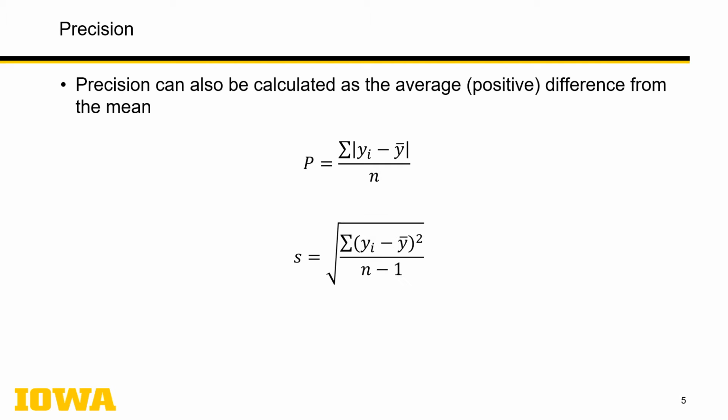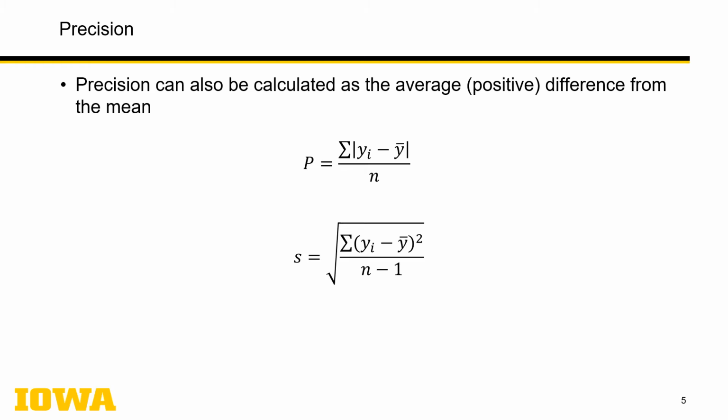So this is actually not too far removed from the definition of standard deviation itself, which gets around the problem that summing up y_i minus y bar will ultimately get you to 0. So you either have to take the absolute value or you square that summation to have something other than 0.